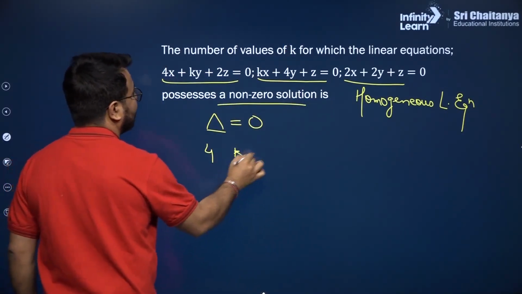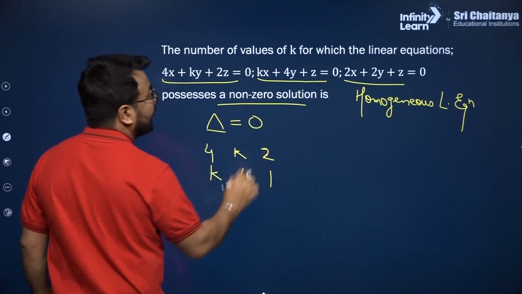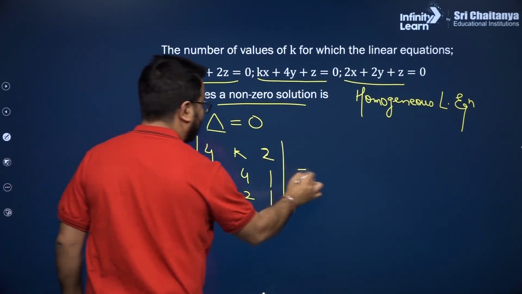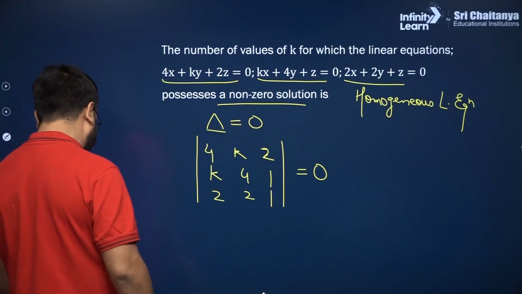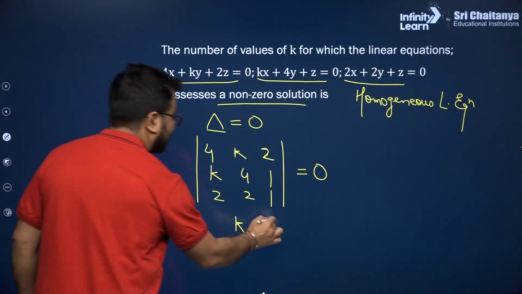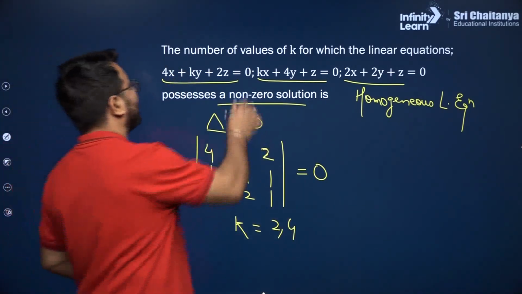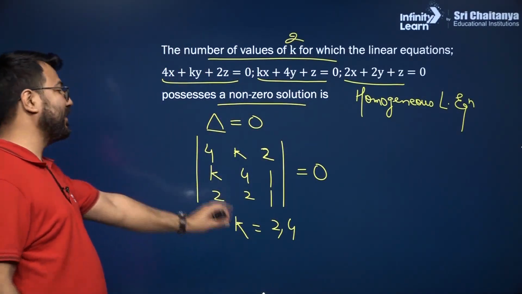So that means the determinant of 4, k, 2, then k, 4, 1, and then 2, 2, 1 should be 0. If I try to solve it and get the value of k, I will get two different values of k, that is 2 and 4. So basically the number of values of k is 2, because one is the value 2, the other is the value 4.